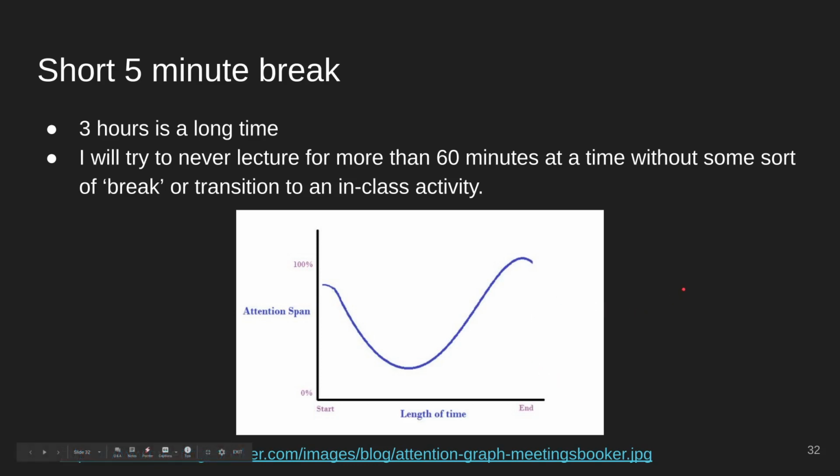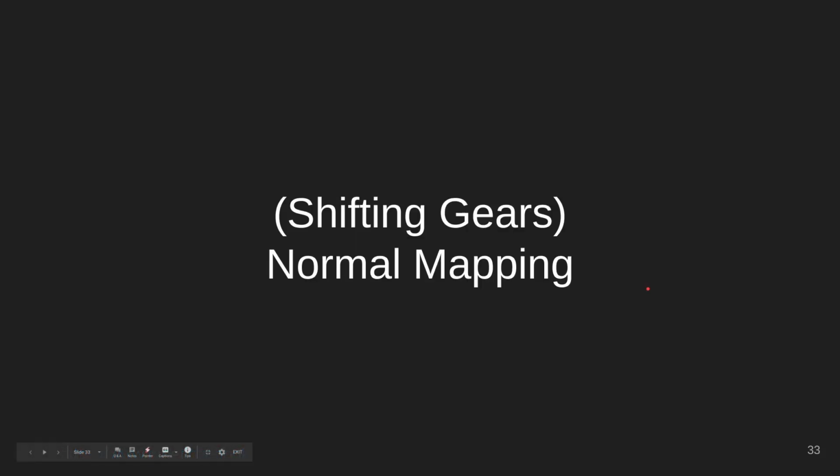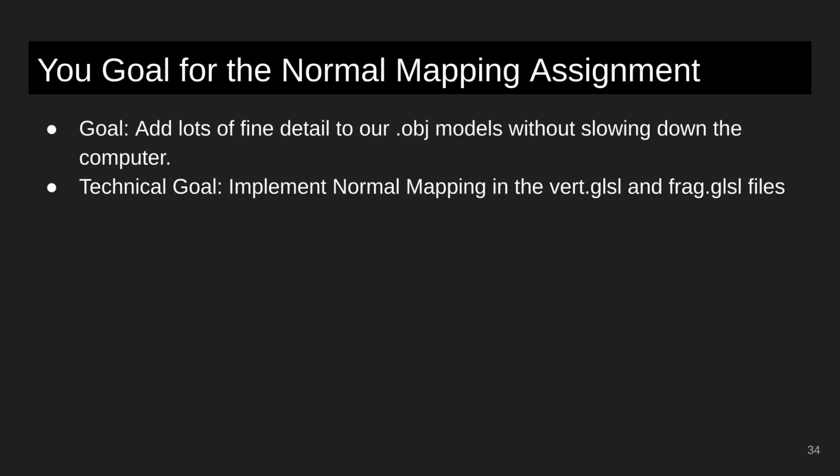Okay, and if you're joining us, welcome back for part 2. We're going to shift gears and talk a little bit about normal mapping. This is in efforts to get you ready for your normal mapping assignment, in the sense that this is the final part of our object model loaders.